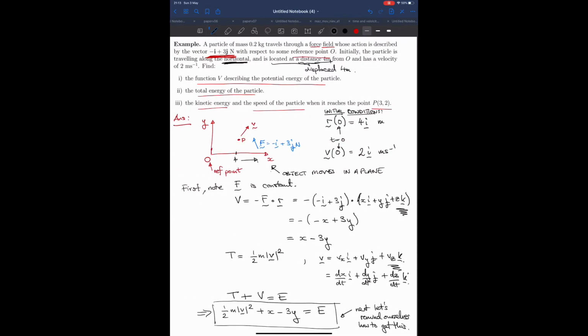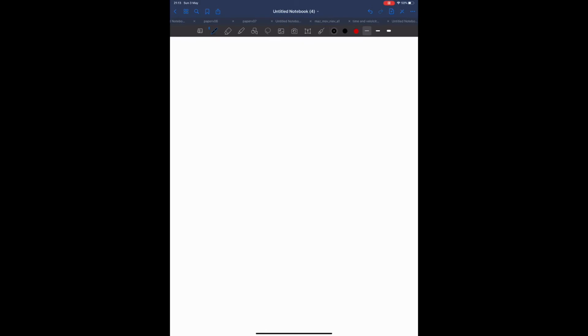So how am I going to do this? We need to write Newton's equation of motion. So I have m d by dt of v. Notice I haven't used the fact that m is 0.2 kilograms yet.